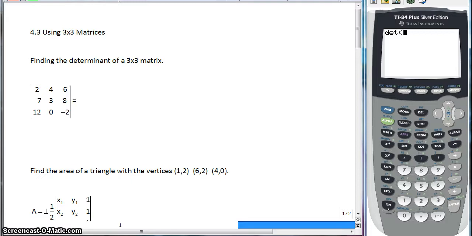So remember what I said, if you are going to use a matrix, you go to second matrix and you go to names. We are going to use matrix A, which is a 3x3. Close your parentheses. Click enter, and it took the determinant of that matrix for you. So the determinant of that matrix is 100.